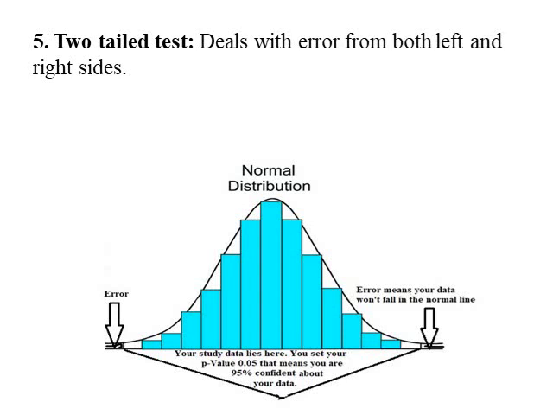One-tailed test means the error appears in one direction. This may be on the left side or right side. So that is the difference between one-tailed test and two-tailed test. Most of the time we go for two-tailed test.